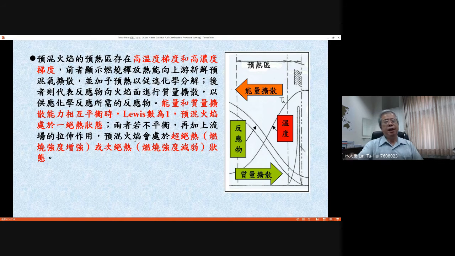This is an idea coming from the one-dimensional model, but when you put this model into a real situation, I give you some examples: the opposed jet flow, the jet flow or stagnation point flow, or even flame propagation in a stagnant environment.